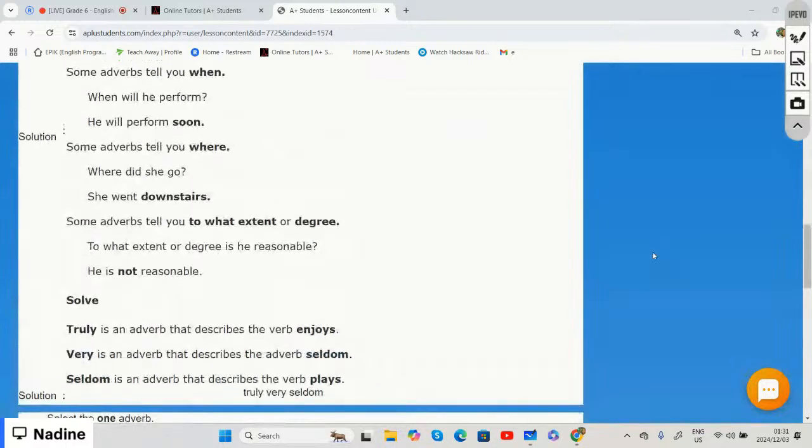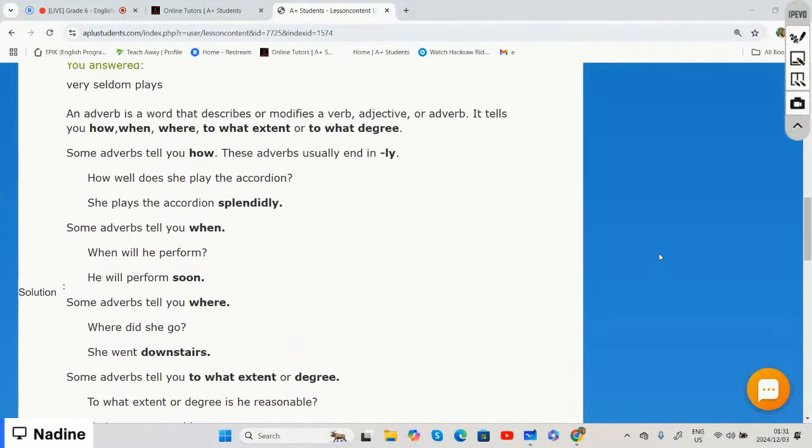And remember, when it comes to adverbs, it either tells us about the verb or describes the verb. It even tells us about the adjective or the other adverb.